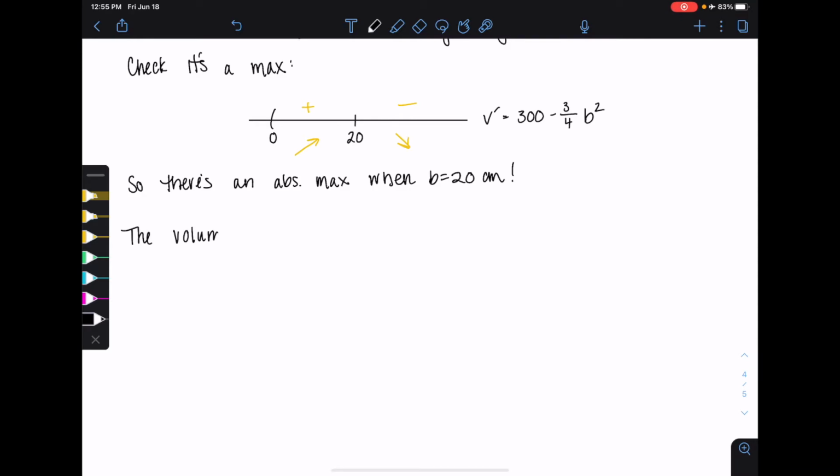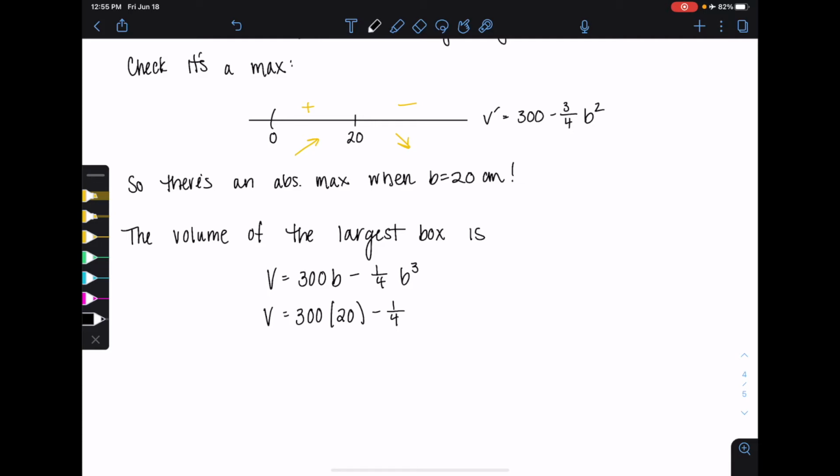So the volume of the largest box is V, it's 300b minus 1/4 b cubed. Plugging in our absolute max will give us 300 times 20 minus 1/4 times 20 cubed. And if you go through that, you'll see this is 4,000 and our units are centimeters cubed.